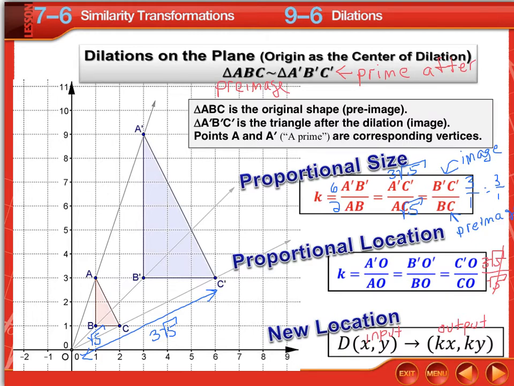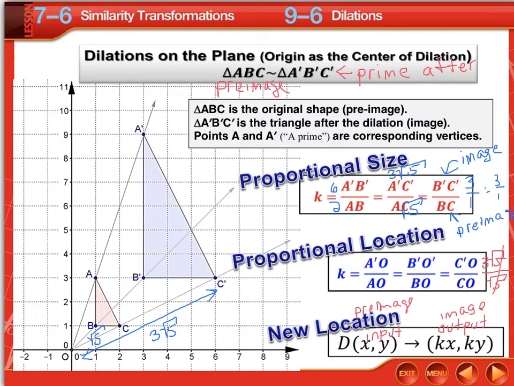So output is the image, and the input is the pre-image. And in every case, you can take whatever the pre-image was, and you can just multiply its location by k, the scale factor, to get the new location.